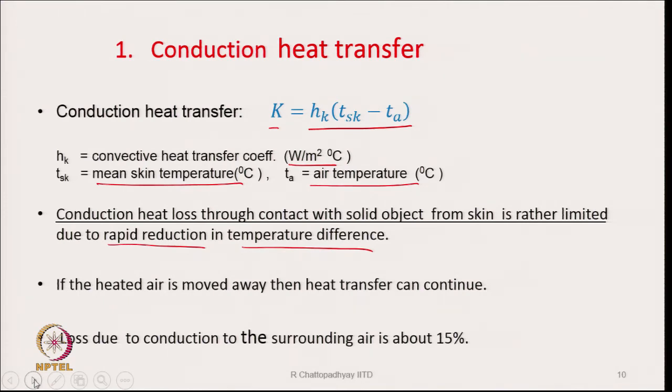But if the heated air is moved away by some means, because of the movement of the body or because the air is moving, in that case heat transfer will continue. So, loss of heat due to conduction to the surrounding air is about 15%. If we ask how much heat is lost through conduction because the body is in contact with the air, around 15% heat will be lost by this mechanism.